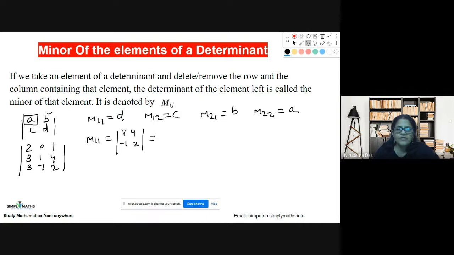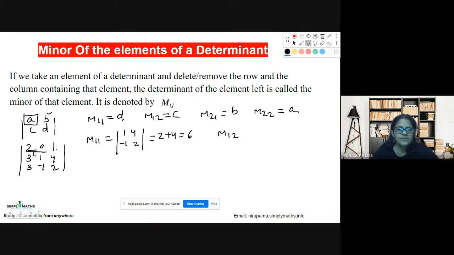So we know how to evaluate this. 2 into 1, 2, minus minus 1 into 4, means plus 4. That is 6. Now M12, first row and second column. So this is first row, second column.